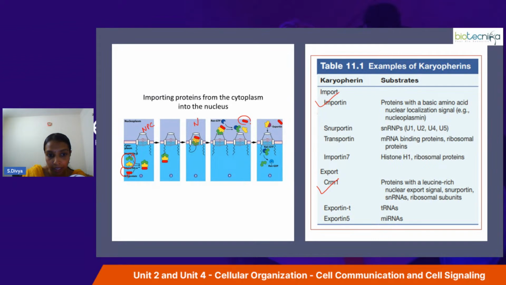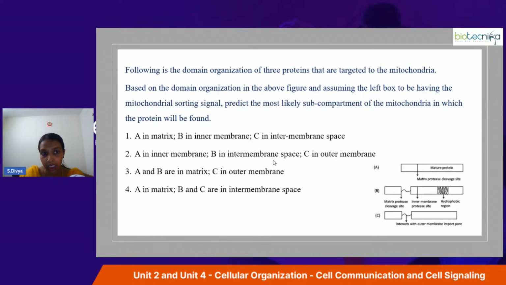Once they are released inside the nucleus, the receptors are recycled back. RAN GTP carries one of the receptors towards the cytoplasm. Exportin carries another receptor towards the cytoplasm. Okay, so that is how nuclear import and export take place. I hope it is clear to all of you. No confusion over there, right?